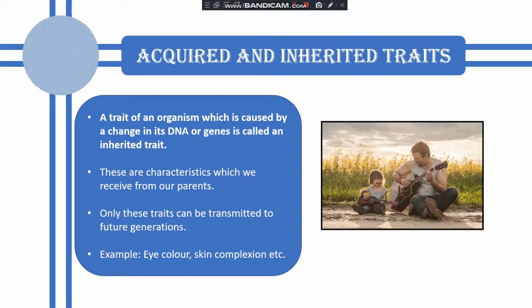Because when the mouse's tail has been cut, it does not bring any change in the genes. So this type of trait does not pass from one generation to another. Understood, students? The changes which bring any change in the genes or DNA only pass from one generation to another, and they are called inherited traits.